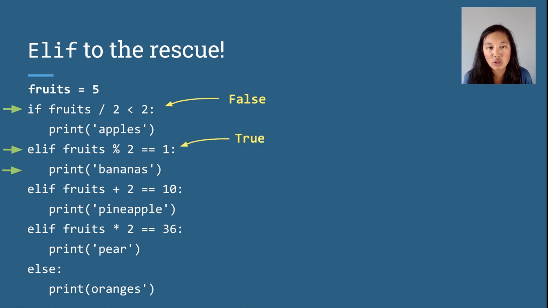So this is true, so it's going to go inside the code of this elif statement and print bananas. It'll continue reading the code and see another elif, but it's going to skip it because the elif before was already true. It sees another elif, skips it as well. It sees the else and skips it because one of the elif or if statements has already been true.